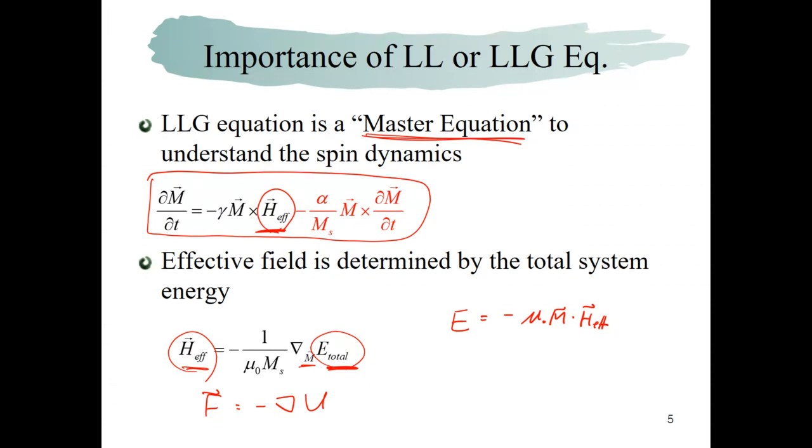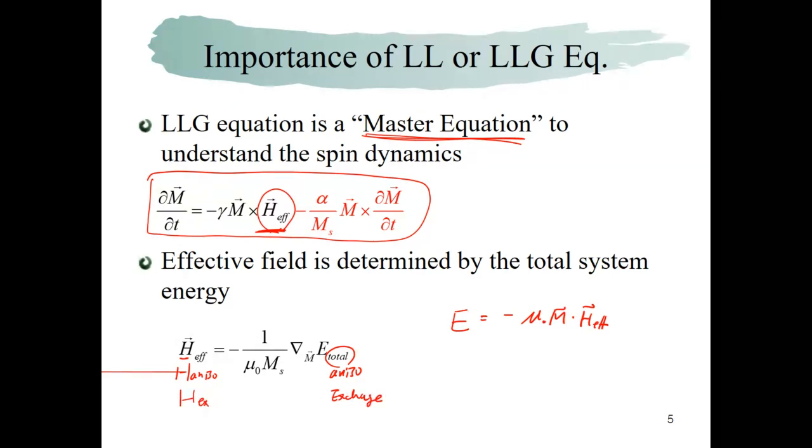So if you have a different energy, let's say the anisotropy energy, and you use it to obtain this field, we obtain the effective anisotropy field. And if we have an exchange energy, we get the effective field corresponding to the exchange energy, and so on.